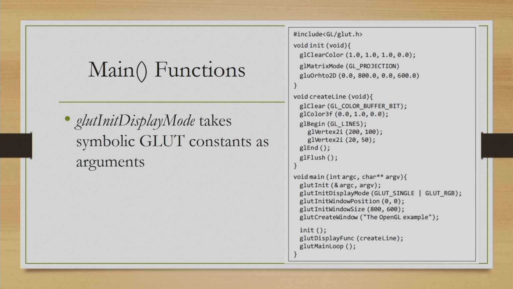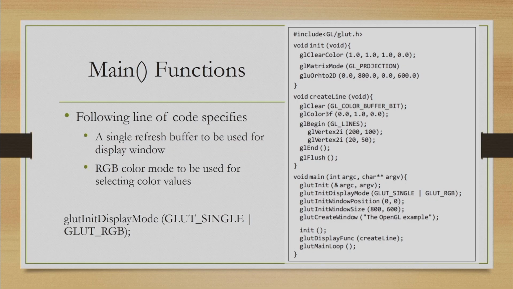Now, these options are provided by symbolic GLUT constants as arguments as shown here, GLUT_SINGLE, GLUT_RGB. Here in this particular function we have used this statement having these two arguments, GLUT_SINGLE and GLUT_RGB.